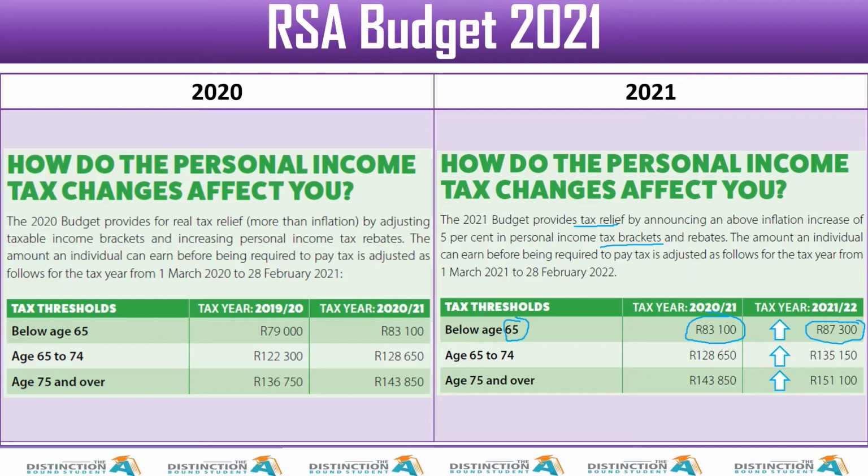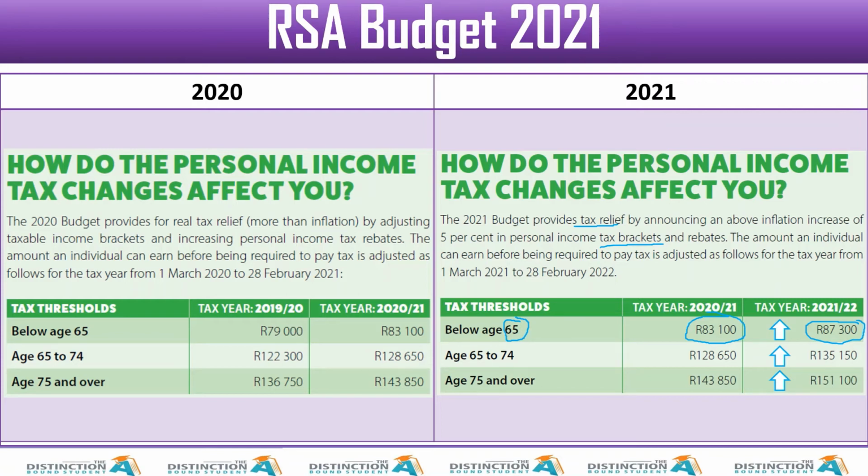Any income earned by anyone less than 65, if their income per annum is less than 83,100, will not be taxed. The income that will be taxed is income above this one here. So they've increased our threshold.